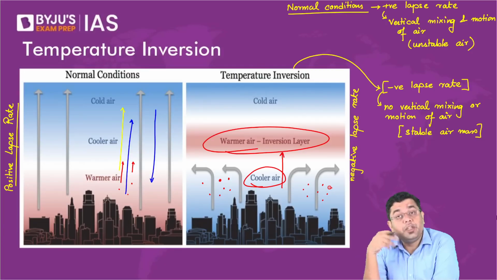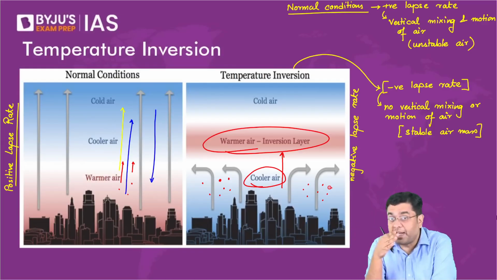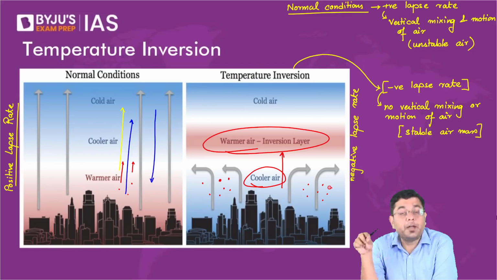They will stay in the same region for a longer period of time. And that is where the regions experience very devastating conditions of pollution, something that we experience in the northern part of the country. In the northern part of the country, that is why during the winter months, we have a very significantly debilitating impact of pollution, isn't it?